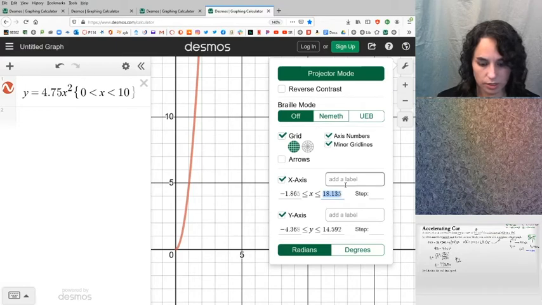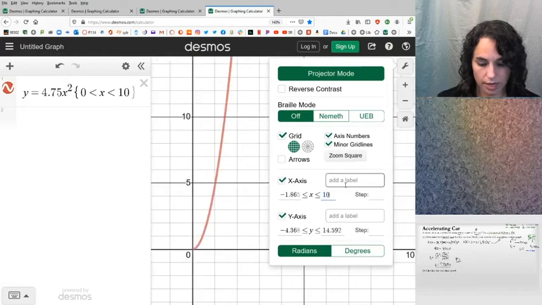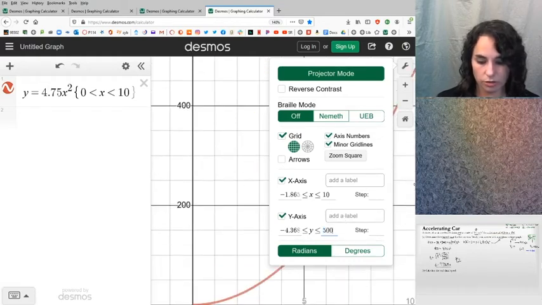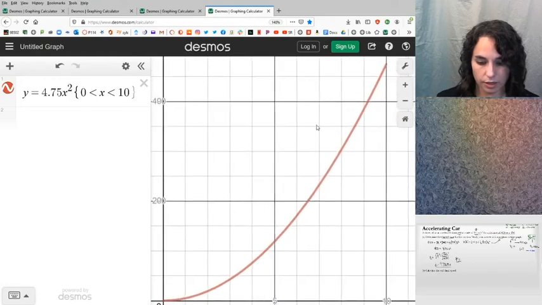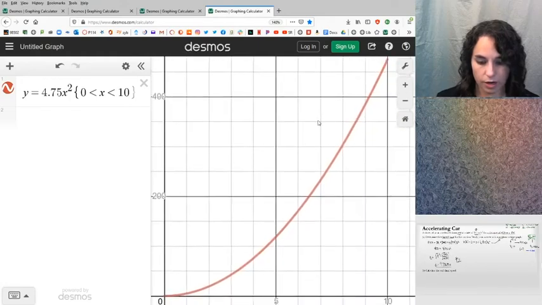So let's go to 10. Okay. And I need to adjust the y-axis. It goes much farther than 14.52. It goes 450. So maybe let's go to 500. Okay, what do we got here? All right, look at that. I have a graph. Okay, there's the graph.